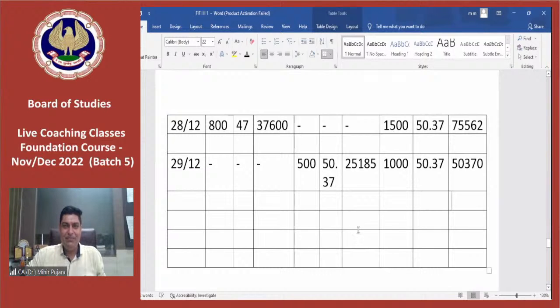And see, in the module they have written 50,377.